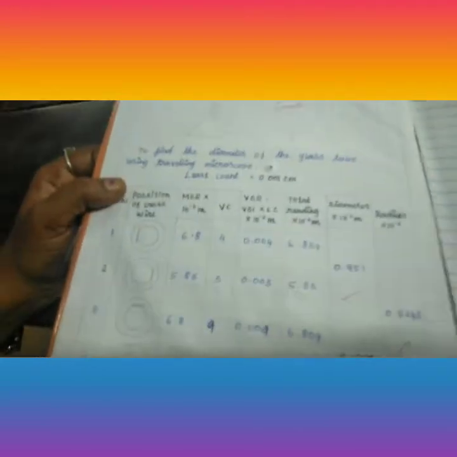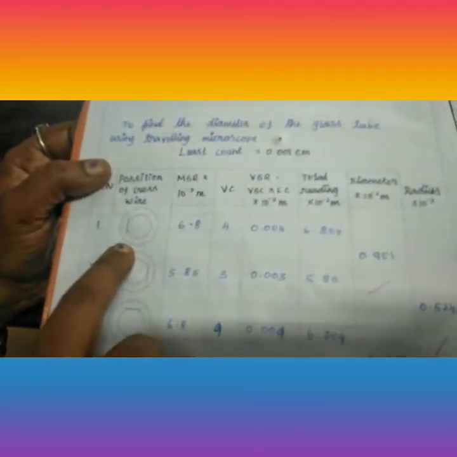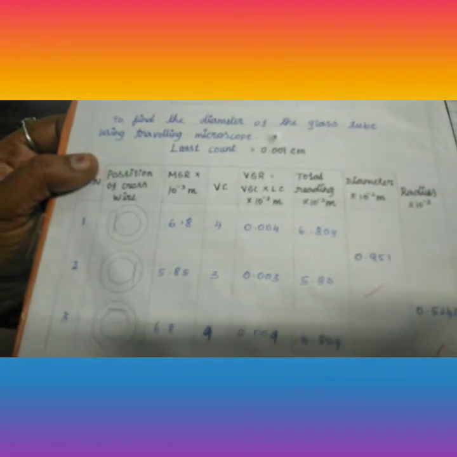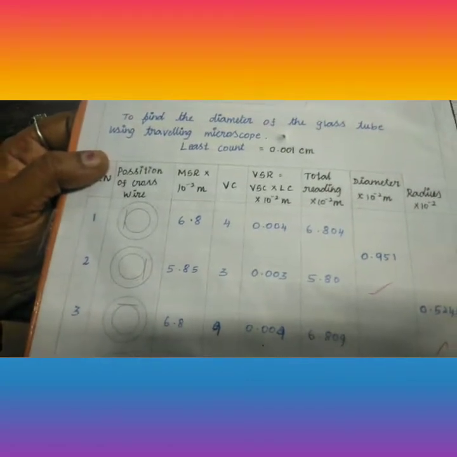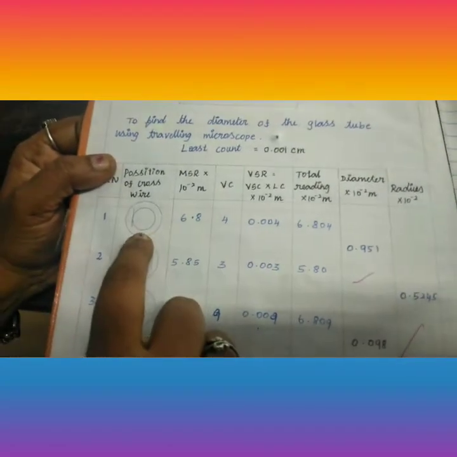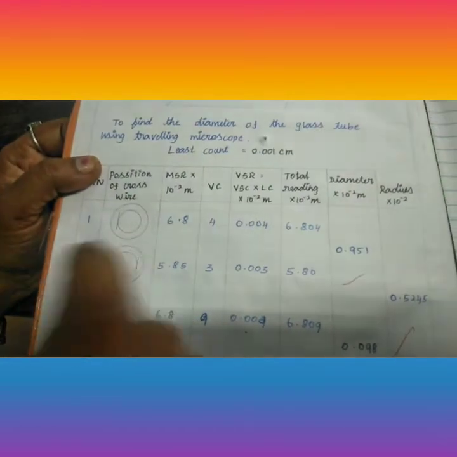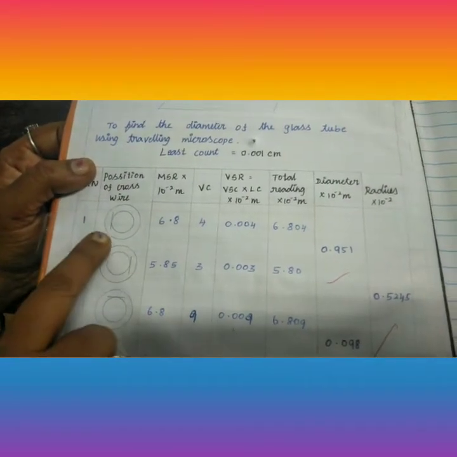From the tabular column it is well known that the glass tube you already watched, and how it is focused through the traveling microscope, you already watched. Here it consists of two cores, and you are going to measure the radius of the inner core.